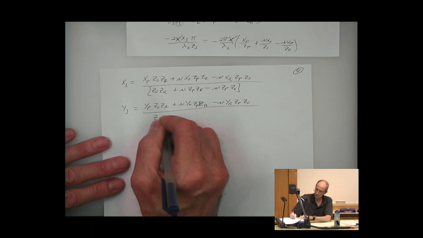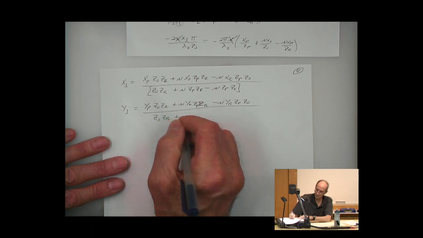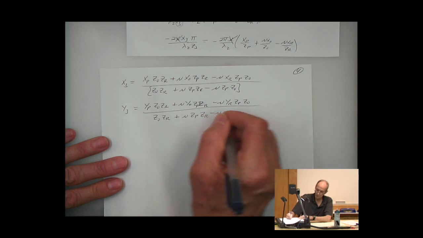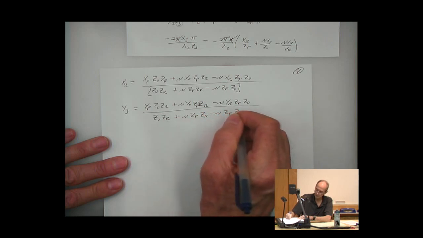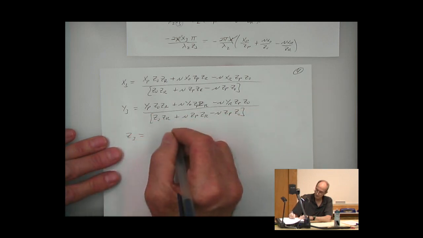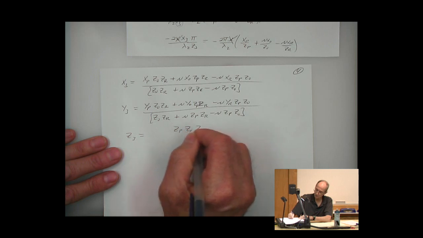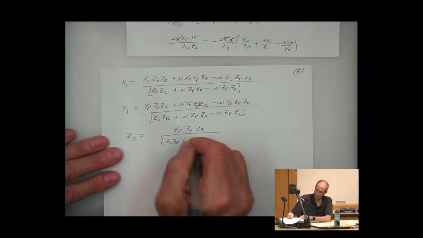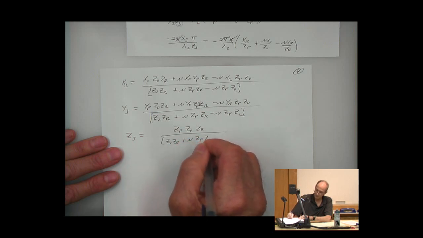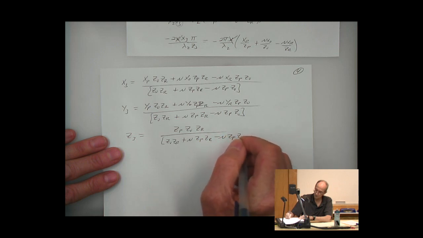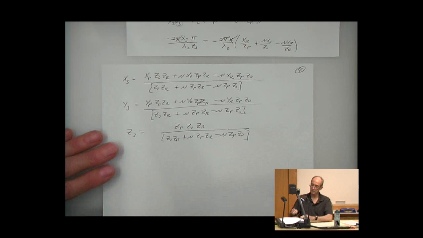And then the same denominator, zo zr plus mu zp zr minus mu zp zo. And then our z3 is zp zo zr over that same denominator, zo zr plus mu zp zr minus mu zp zo.